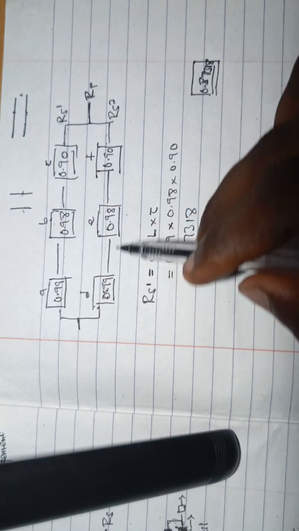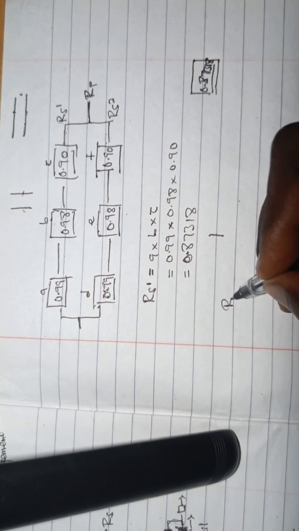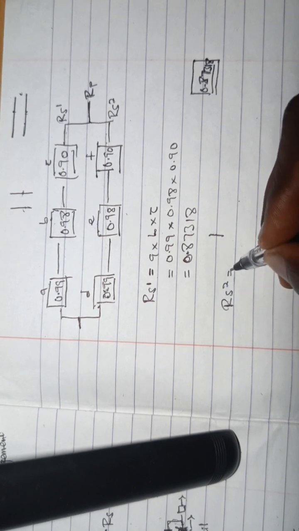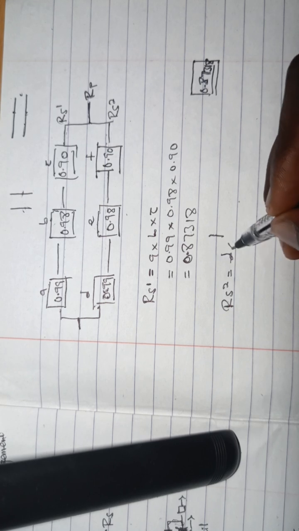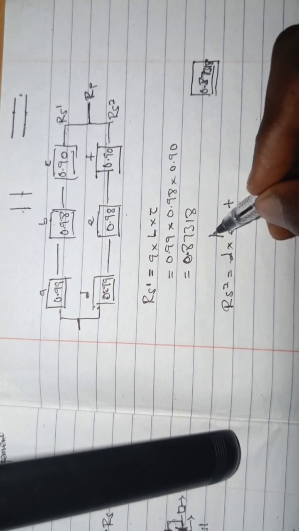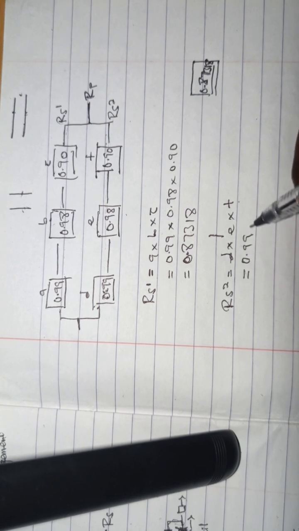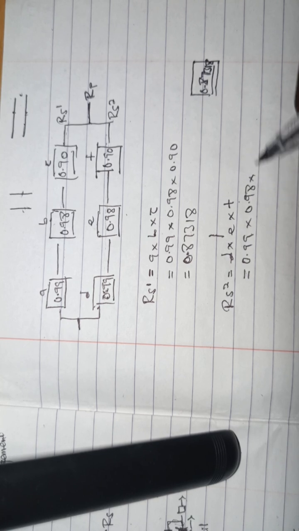Then I'll also calculate for this in another series format, okay? So RS2 equals, which is what? D times E times F, okay? So it's going to be 0.99 times 0.98 times 0.90.